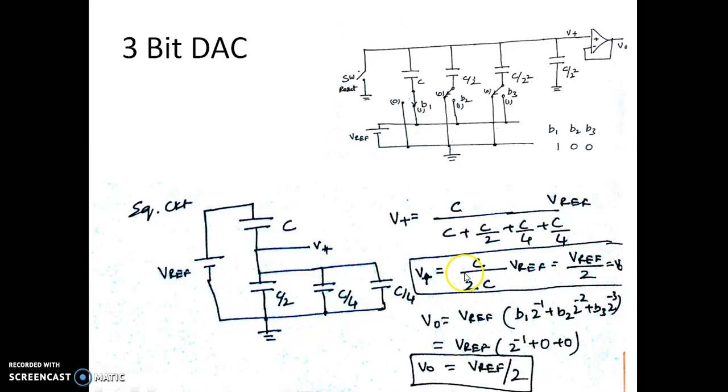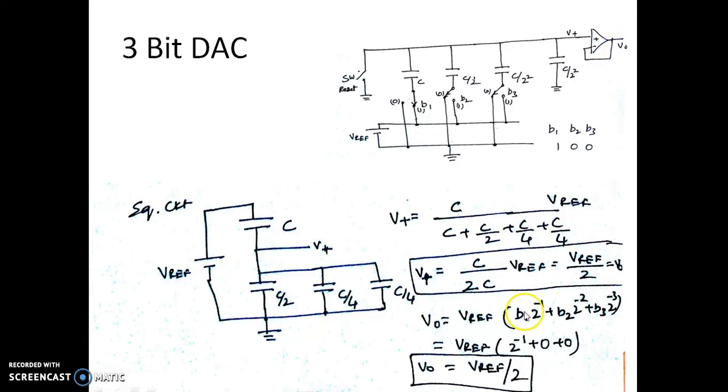You want to have it as 1 by 8, because if you have only B3 as 1, this will become C by 4, because this capacitor is connected to V reference. The other three capacitors are connected to ground, and the total capacitance of the network is 2C. When we have C by 4 by 2C, that will become 1 over 8. So 1 over 8 into V reference is actually the output voltage at this point, which is the LSB of the output voltage.